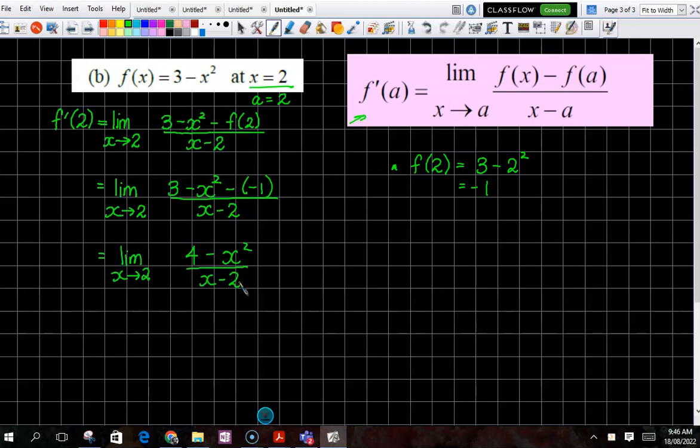Now, you can recognize this as difference of 2 squares. If you factorize it as is, you're going to have 2 take x, 2 plus x. Is that close enough? No, that is not the same. So how do we make it so?